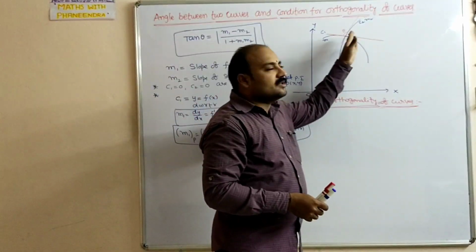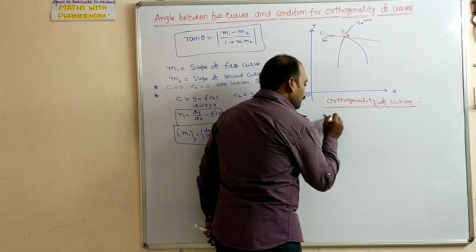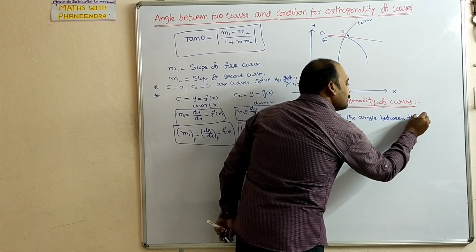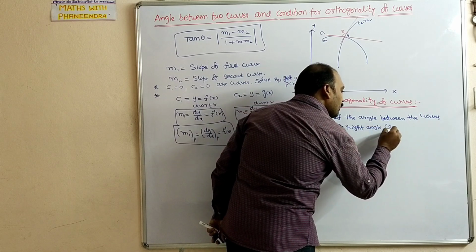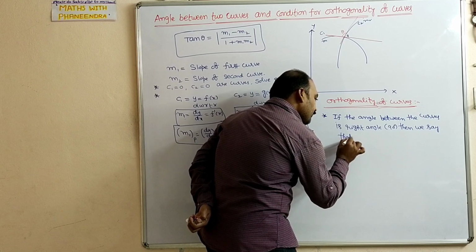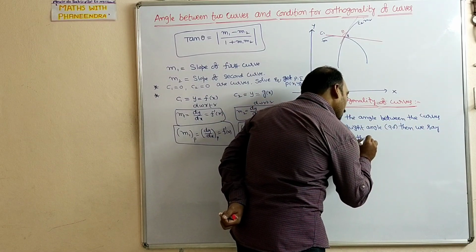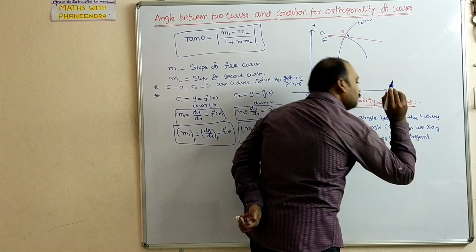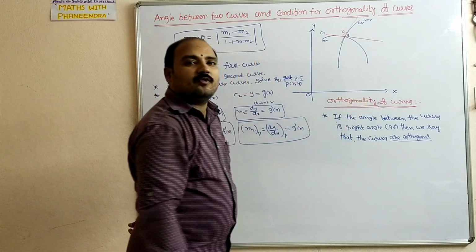If the angle between the two curves is 90 degrees, a right angle, then the curves are said to be orthogonal. This property is known as orthogonality of curves.